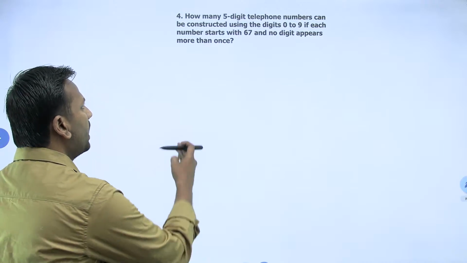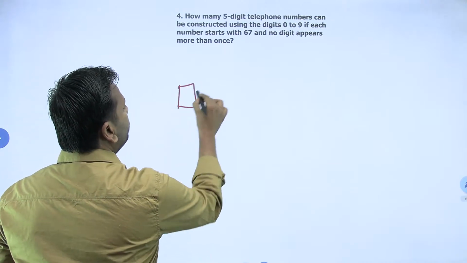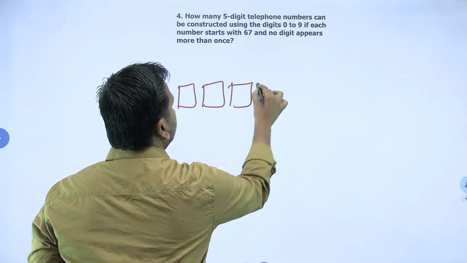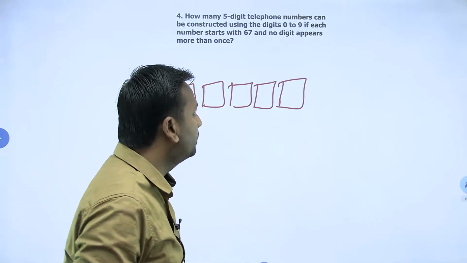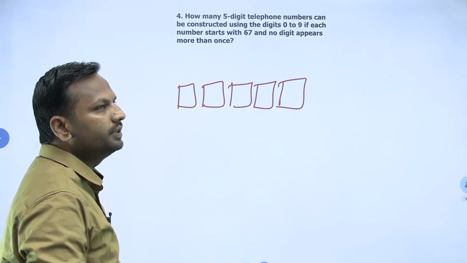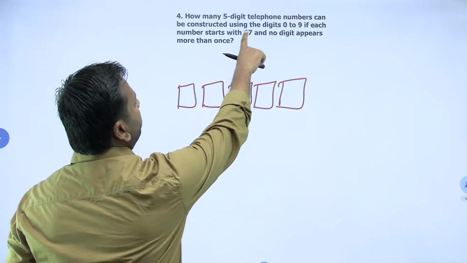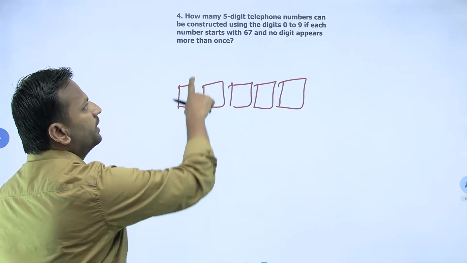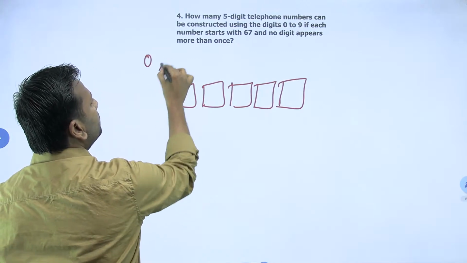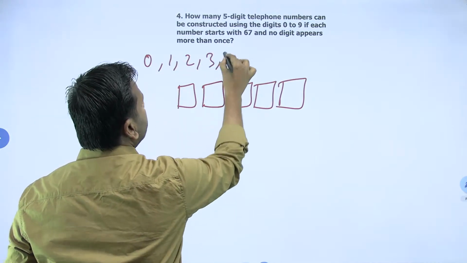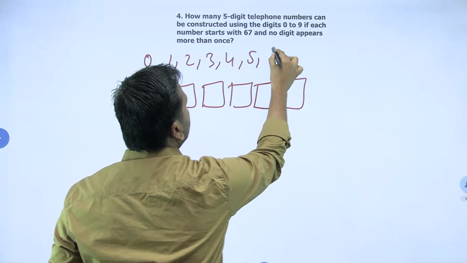They are saying that we have to construct 5-digit telephone numbers using the digits 0 to 9. So from 0 to 9, how many digits are there here, students?